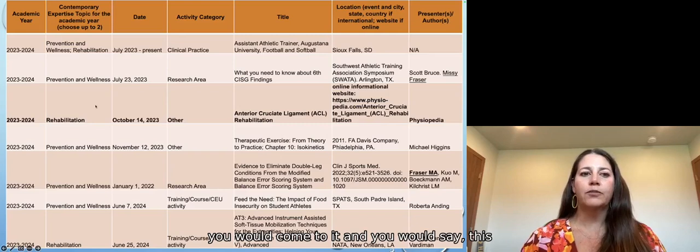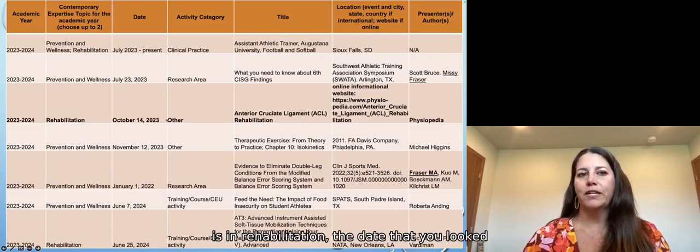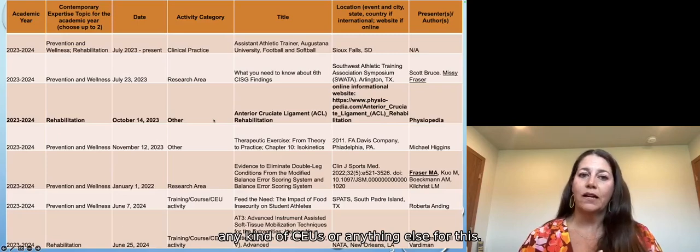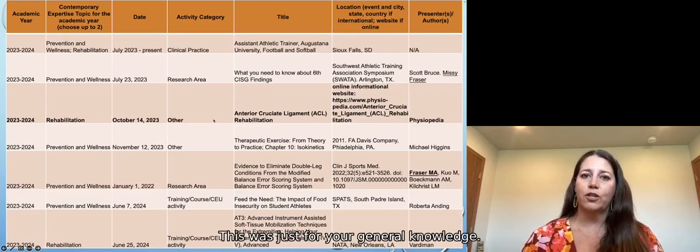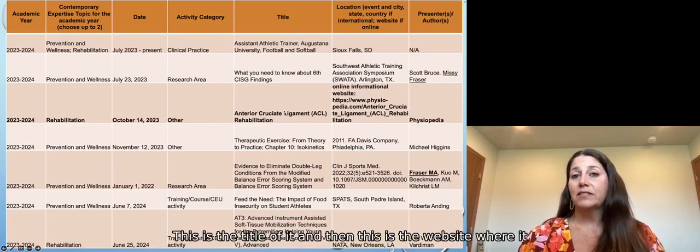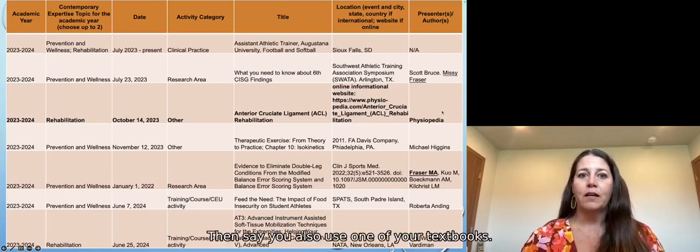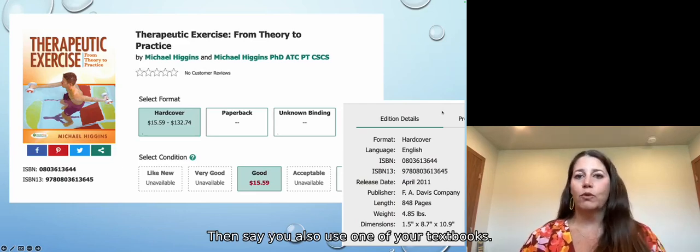And then you would come to it and say this is in rehabilitation, the date that you looked it up, this is other, because you didn't get any kind of CEUs or anything else for this. This was just for your general knowledge. This is the title of it, and then this is the website where it was located, and the authors were Physiopedia, the group.